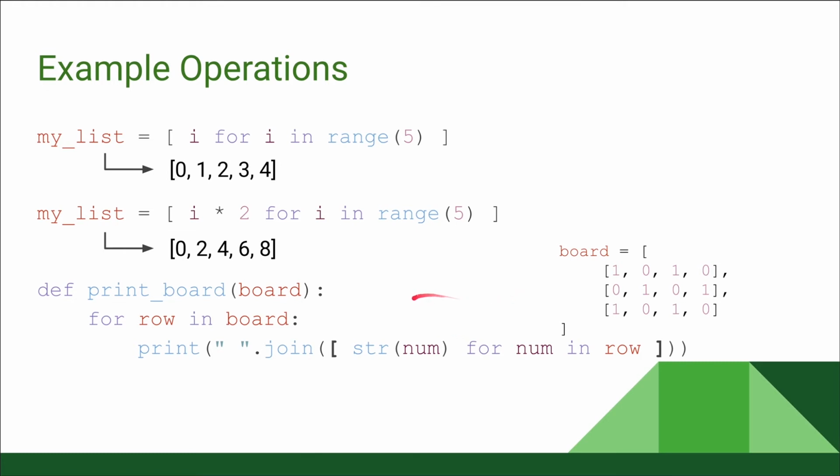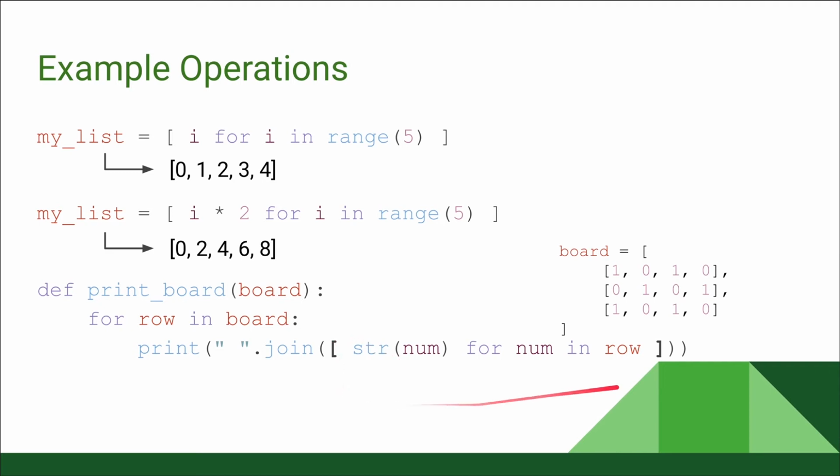So we're going to use a list comprehension here to create that list. So for each number in the row we're looking at, so we're looping over our rows, and here we're going to loop over the values in that row. For each number in that row, we're going to append to this list we're creating the string version of that number we're looking at.